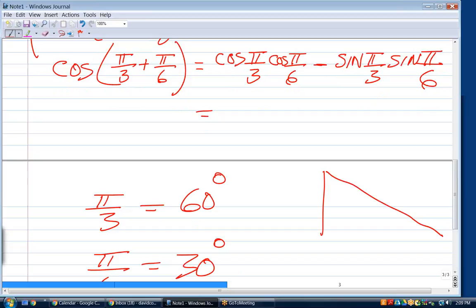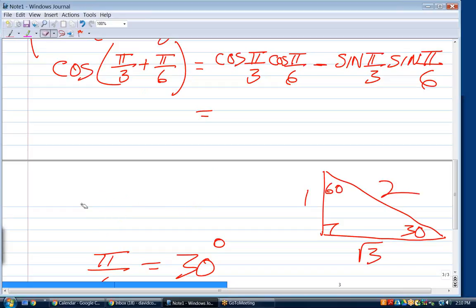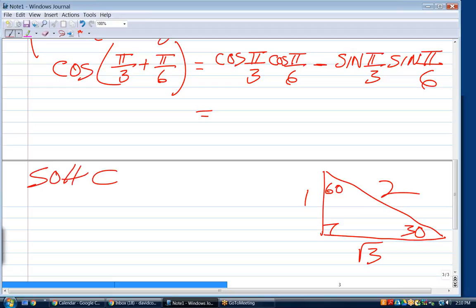The other triangle that it's extremely helpful to have memorized is this one. It's what I call my unit special triangle. In other words, as long as you know this triangle here, you can do all four of these. What's cosine of 60 degrees? Based on this triangle, 1 over 2.